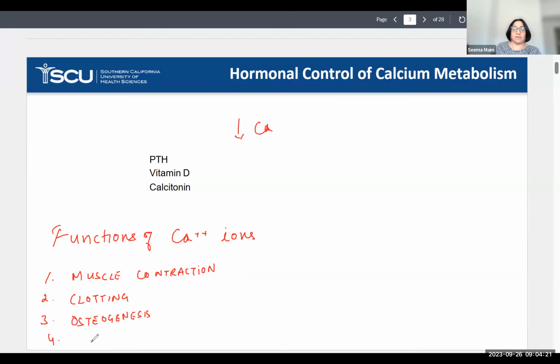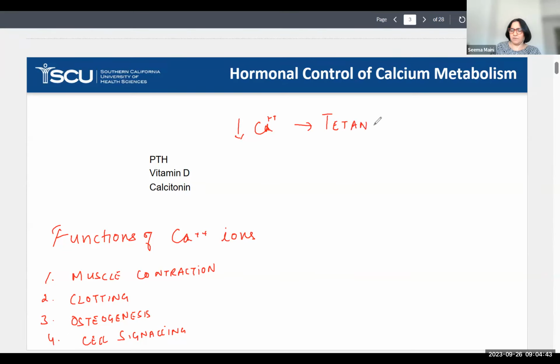Calcium is a second messenger in some of the pathways for hormones. So I think you all know that in case of hypocalcemia, you might have heard of tetany, right?